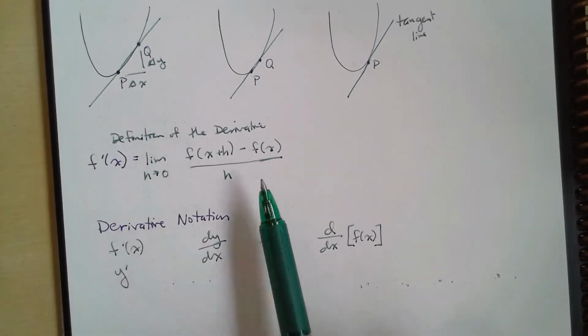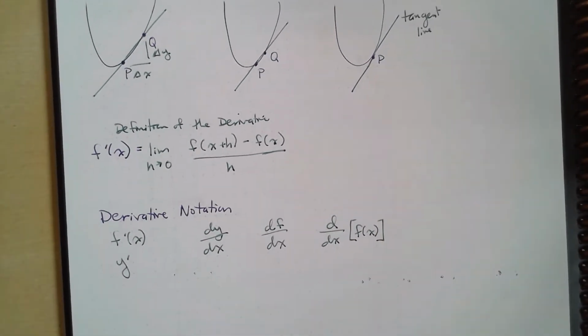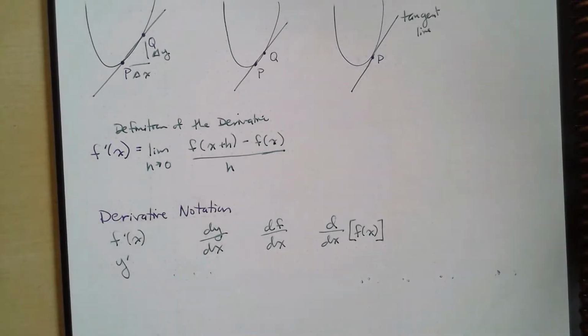We've already talked about this definition, which is very useful and great to have, but we actually also have an alternative definition of the derivative. So I'm going to write that out.